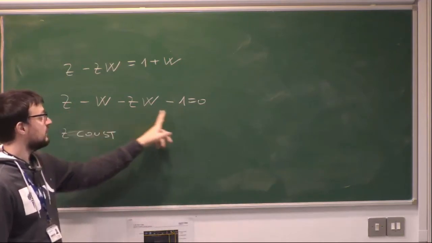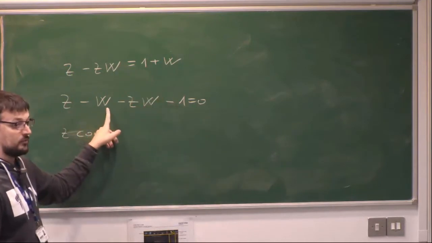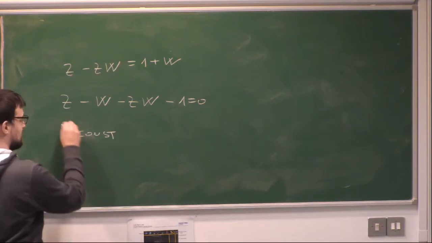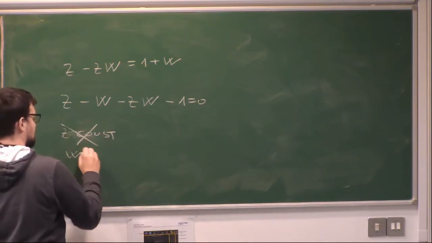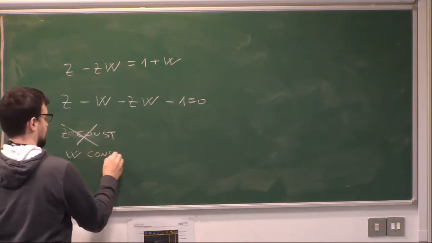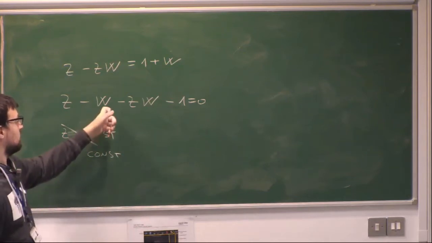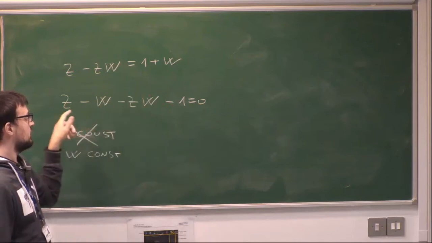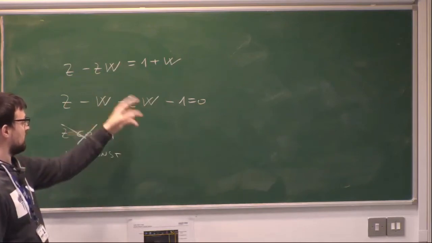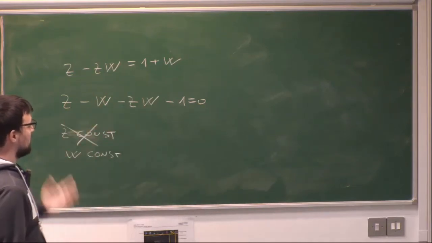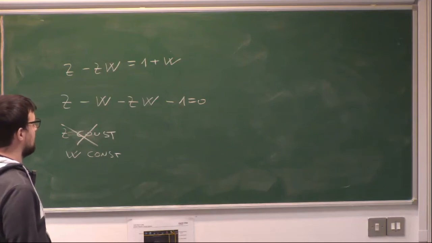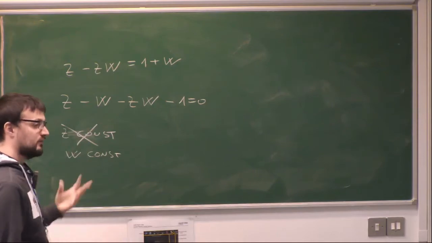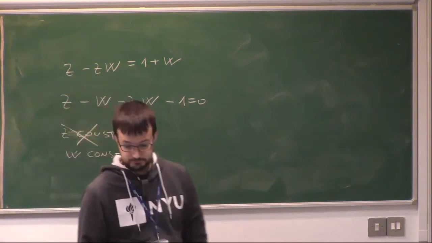So this is a linear equation with respect to w when z is constant. If instead z is not constant but w is constant, now w is constant, z is a variable, and so this becomes a line with respect to z. So it's linear with respect to z. So a bilinear transformation is a transformation that is linear with respect to one variable when the other variable is constant, okay?